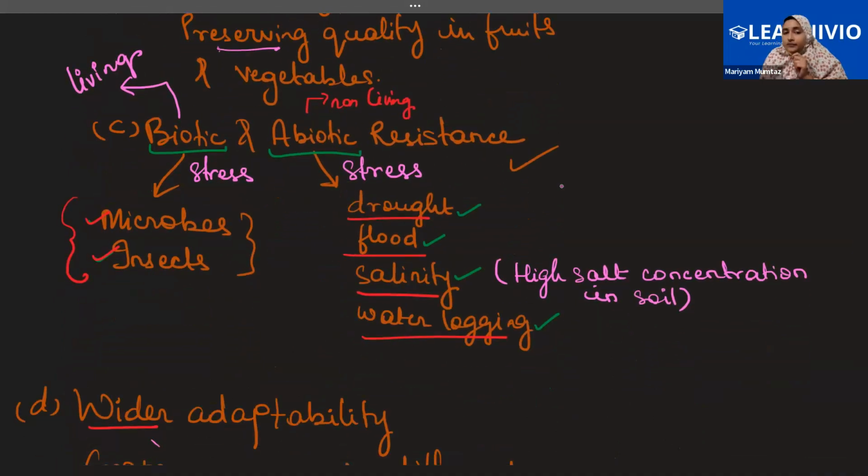Apart from that, crop variety improvement is also done for biotic and abiotic resistance.